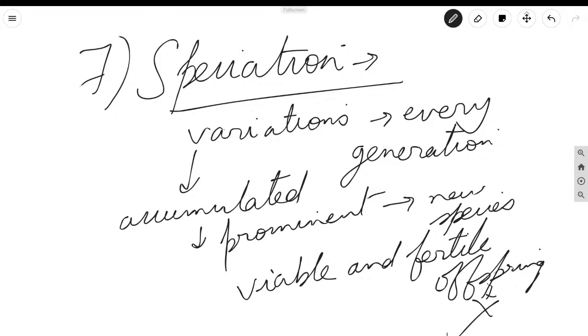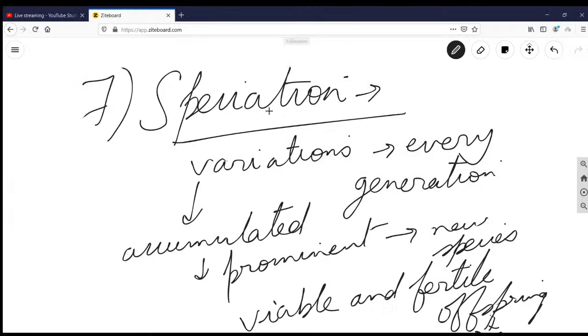I'll explain the types of natural selection to you. In the next class we'll be doing the types of natural selection, and then we'll be covering Neo-Darwinism, and then most probably we'll come towards the end of your chapter.